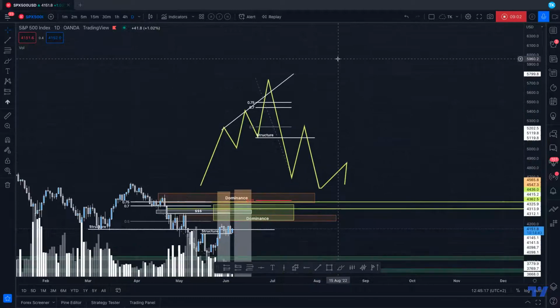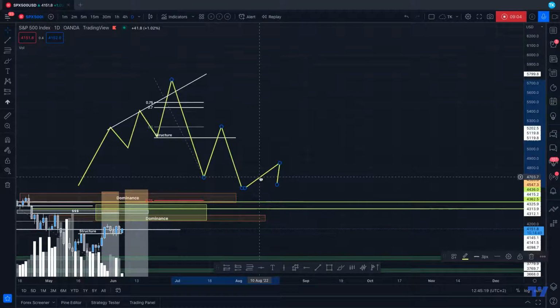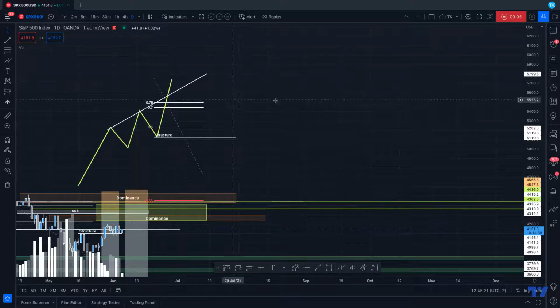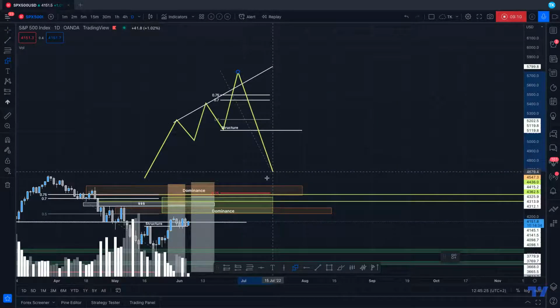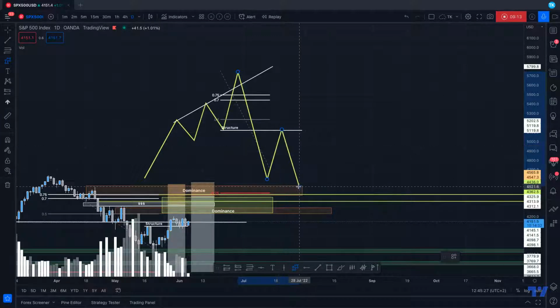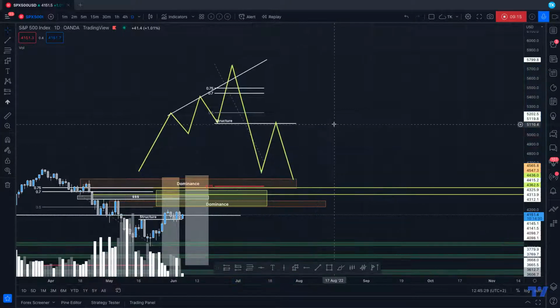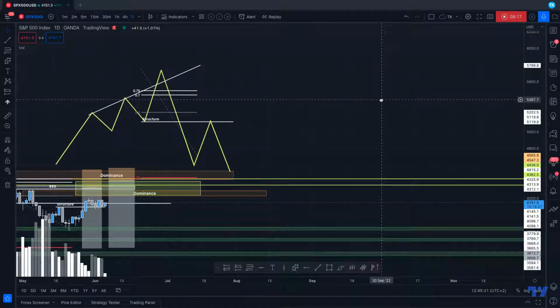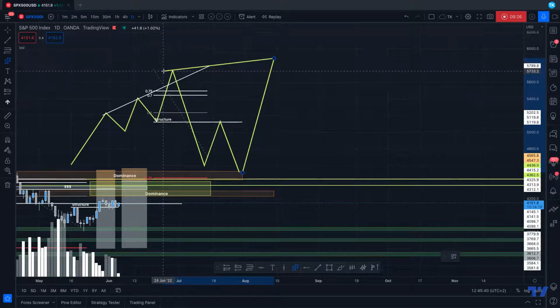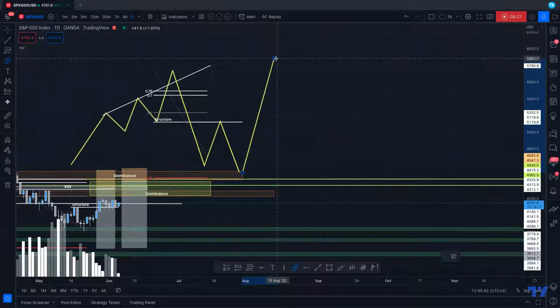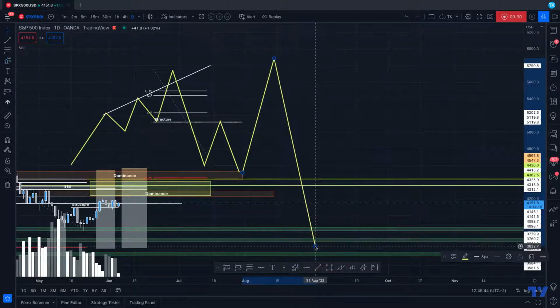So okay, this is the standard wolf wave pattern. The third scenario that I told you is this one. So temporary profit, and then price will grab the liquidity over there. Okay, stop loss, and then finally move strongly down.